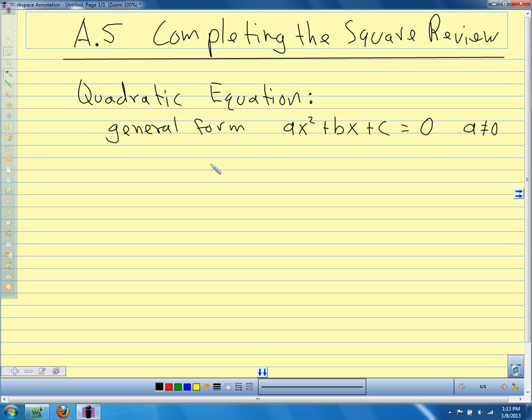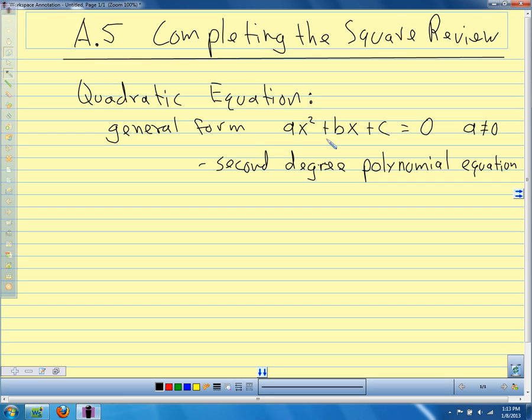The other way that we can talk about these, and we'll get into this in more detail in chapter 2, is as a second degree polynomial equation.